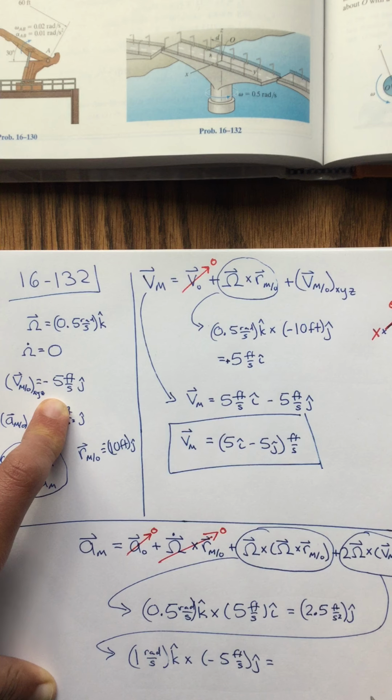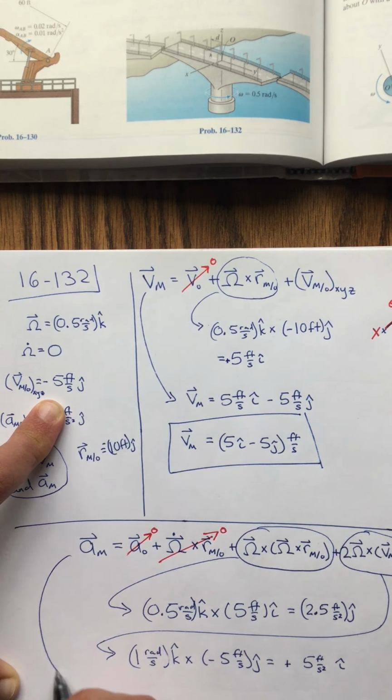K hat crossed with j hat is negative I hat. 1 radian per second times 5 feet per second is 5 feet per second squared. And I have the negative here, so that becomes positive 5 feet per second squared.